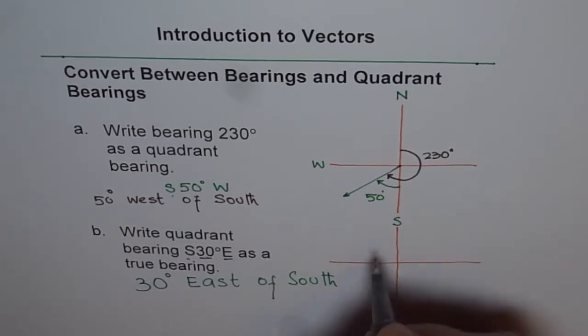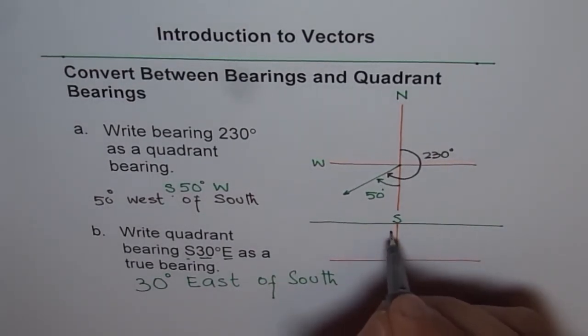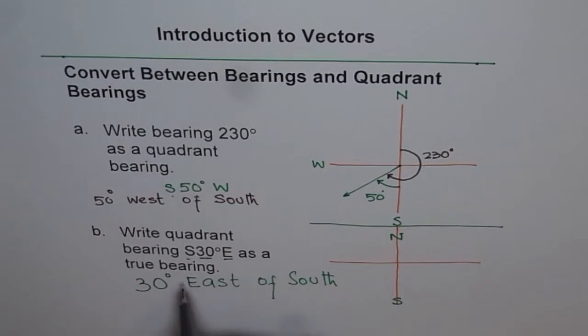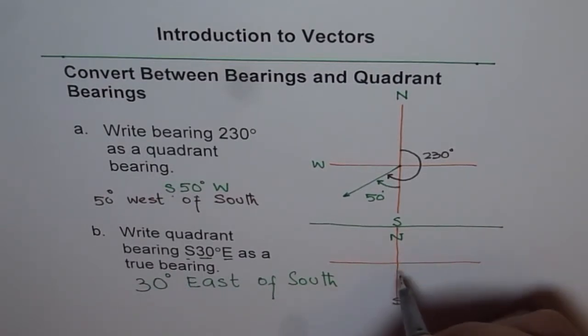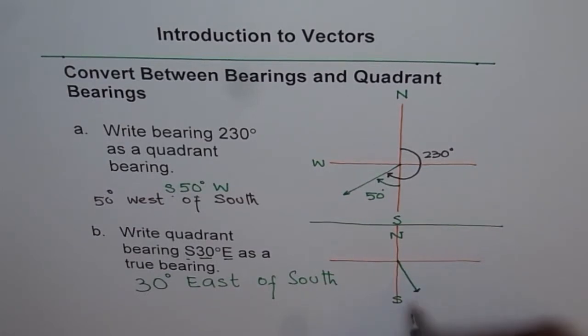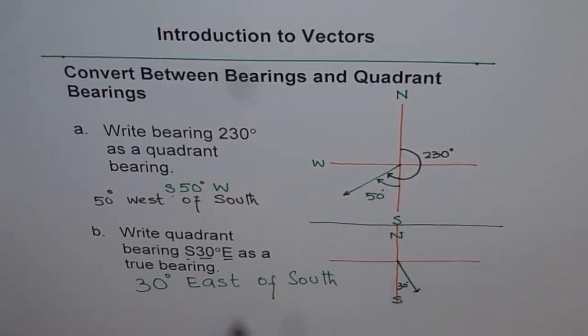Let me draw a line here. So we have north here and south here, right? Now in this case, we have to go 30 degrees east. So if this is my south, then this seems to be 30 degrees. Let me write 30 degrees here. So it is 30 degrees east of south, right?